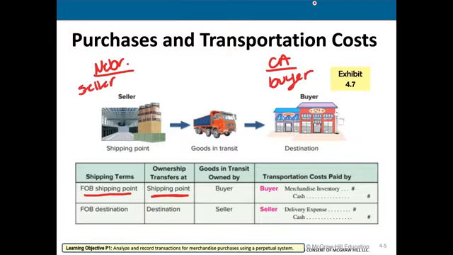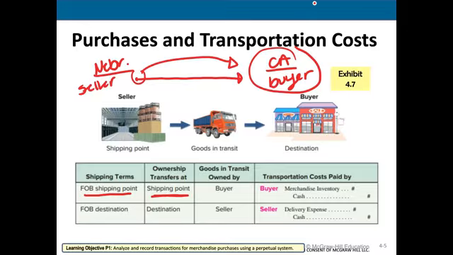If the shipping terms say FOB shipping, right? FOB shipping means that the buyer, that's me, owns that inventory. The second it leaves Nebraska, the second it leaves its shipping point, that inventory is mine if it's FOB shipping.